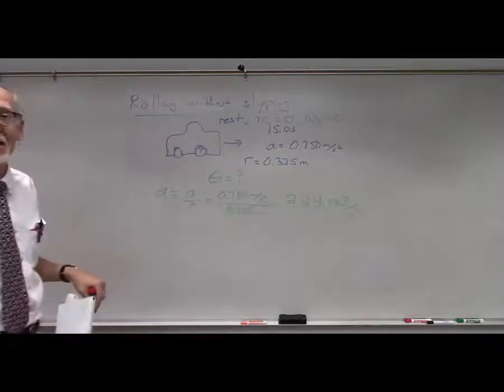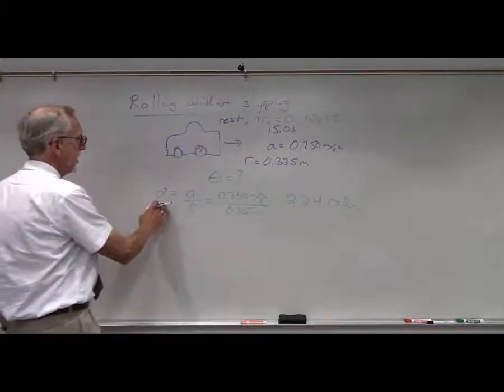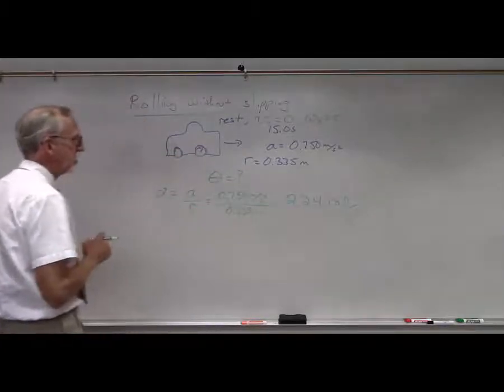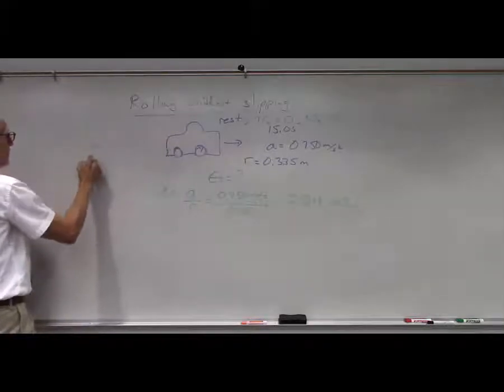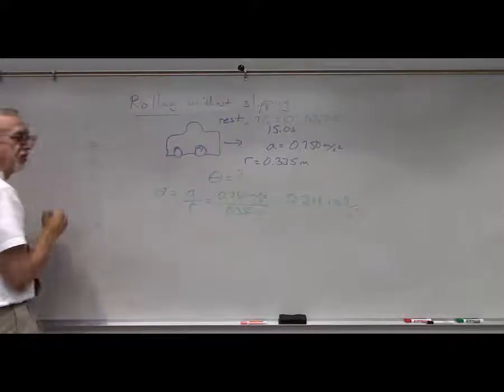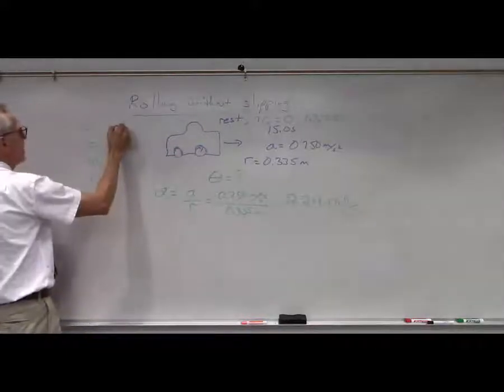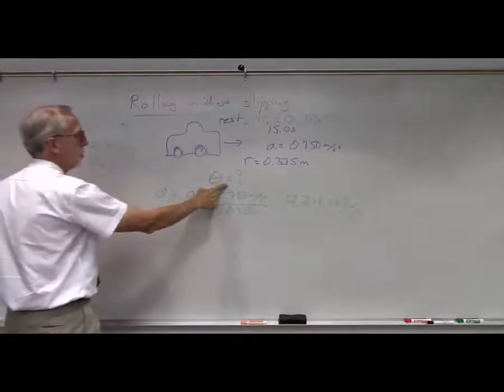Well, going to the rotational kinematic equations, we can think about what equation we can use. Let's put down the variables. We've got theta naught, theta, omega naught, omega, alpha, t. Again, in general, we can set the initial angular position equal to 0. What is theta? Well, that's what we're looking for.